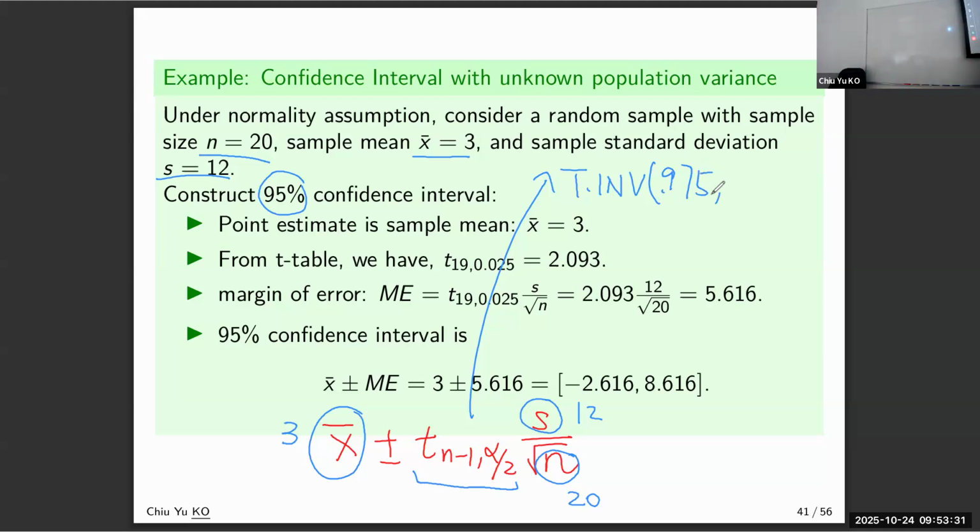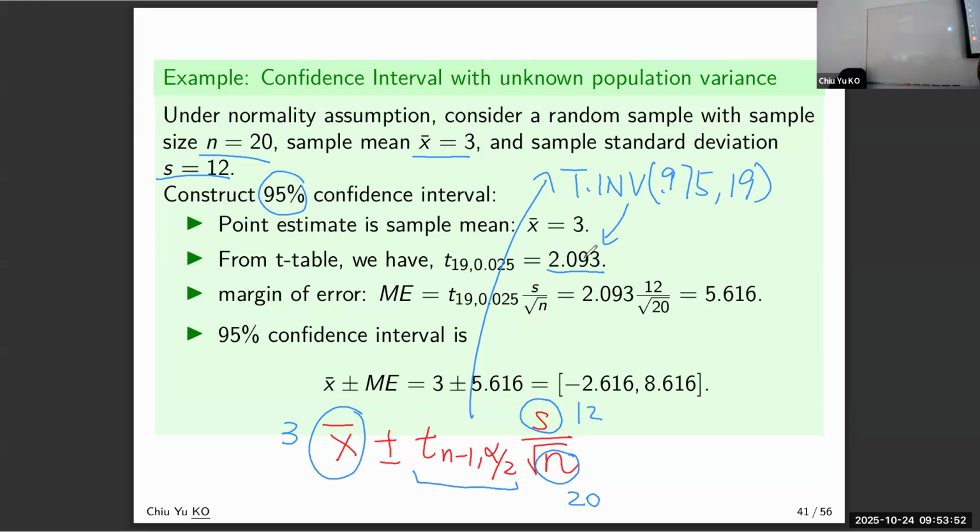And because of T, you have to tell the degrees of freedom, which is n minus 1, which is 19. Once you do it, it will give you 2.09.